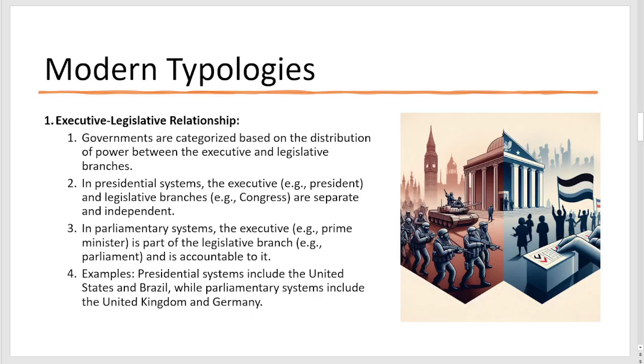Okay, the second would be the executive-legislative relationship, and that's particularly moving towards the representative form of democracy, where you have the presidential system or the parliamentary system. We may argue that the parliamentary system is better because it represents the majority, or the presidential system is better because it represents the majority.